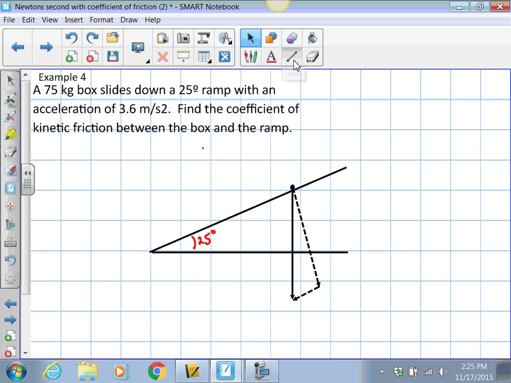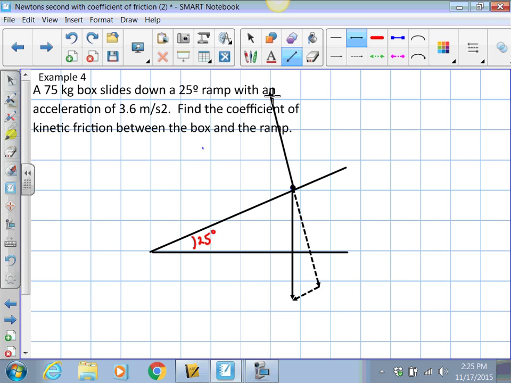We're going to have a normal force. And what else do we have? We've got a friction force up the ramp of some value.